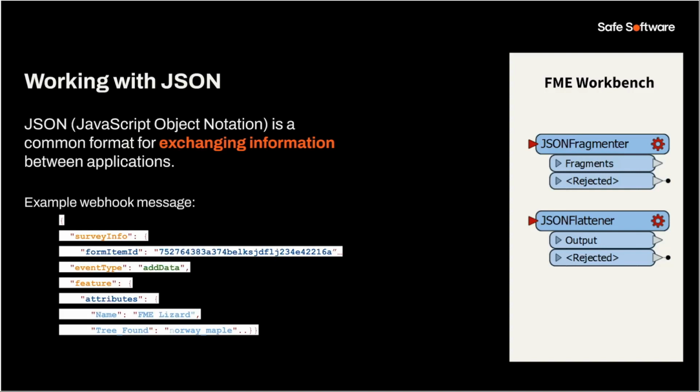Both FME Server and Workbench have tools for extracting exactly what you need from that JSON. Inside of automations, we can parse JSON directly from webhook messages to use as parameters. And inside of FME Workbench, we can do all kinds of JSON transformations to make that data usable. We have a lot of tutorials for doing just that.